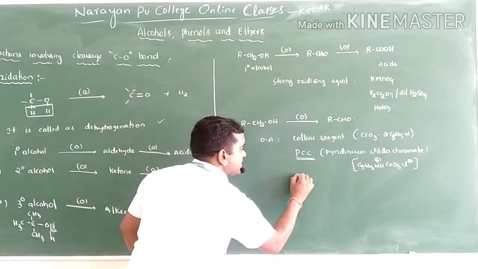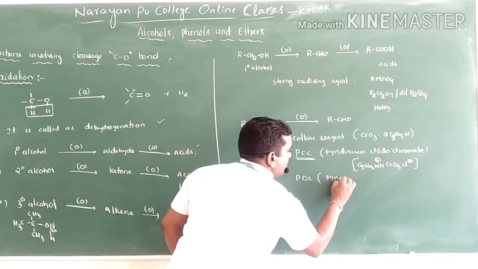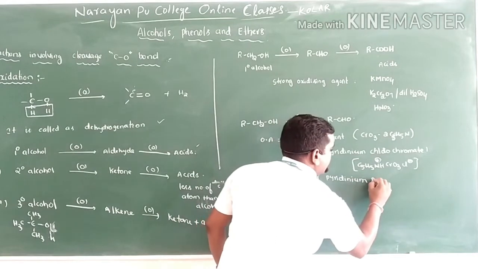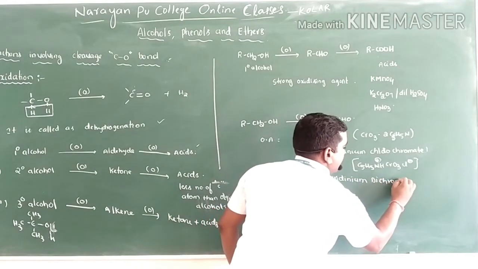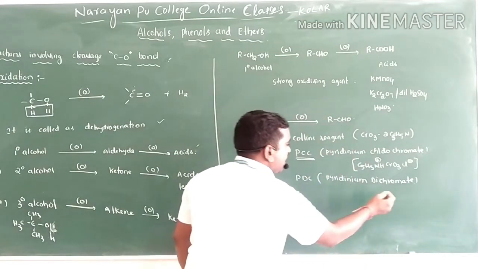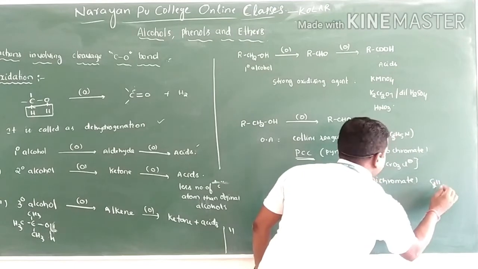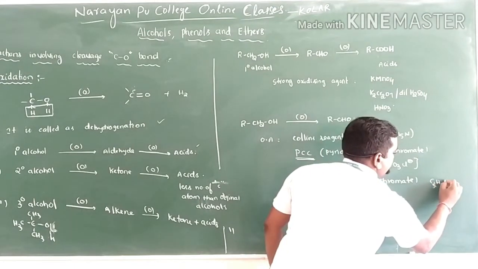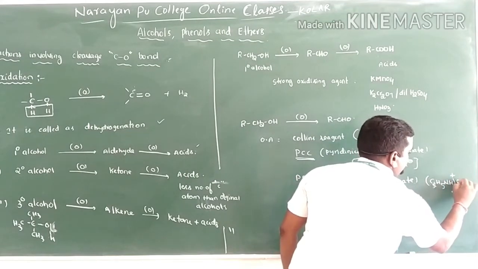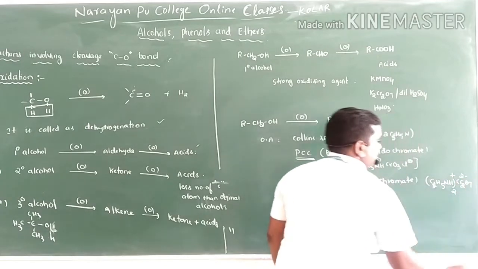And the next one here is PDC. PDC means pyridinium dichromate. What is the formula here? Pyridinium dichromate is two C5H5NH plus and Cr2O7 2 minus.